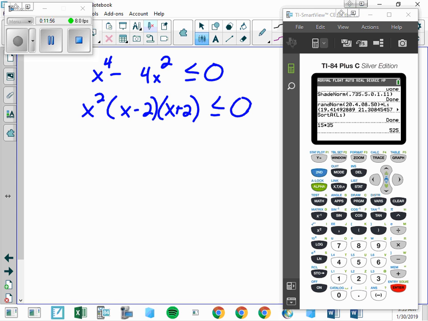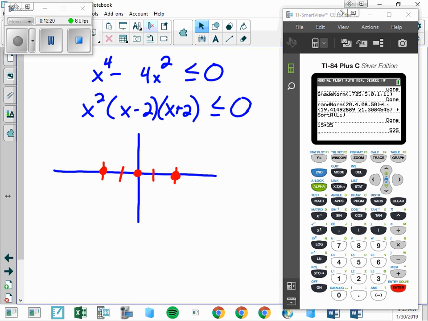In this case, it's not a rational expression. It's just a regular x to the fourth function, so there are no holes and no vertical asymptotes. All I have to worry about are the roots. So on my number line, I have -2 as a root, 0 as a root, and +2 as a root.